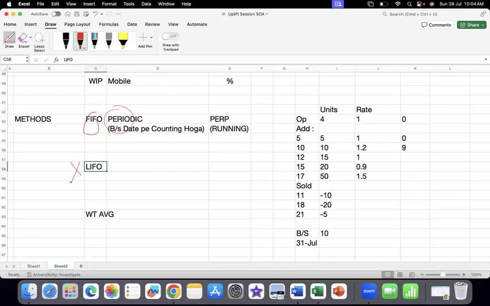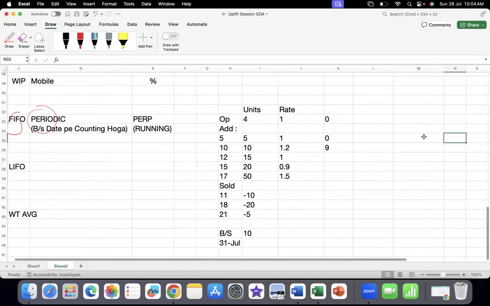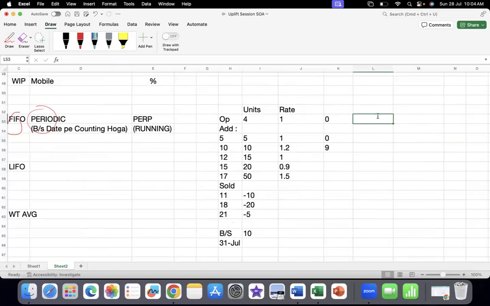And then there is weighted average. So what weighted average does is, I'll tell you. There is a small difference between perpetual and weighted average, or kind of a periodic and weighted average. When I am going to value my inventory for periodic method, and I have sold 11 units, how would I be recording it? 4 units are sold at the rate of 1, that is this rate.